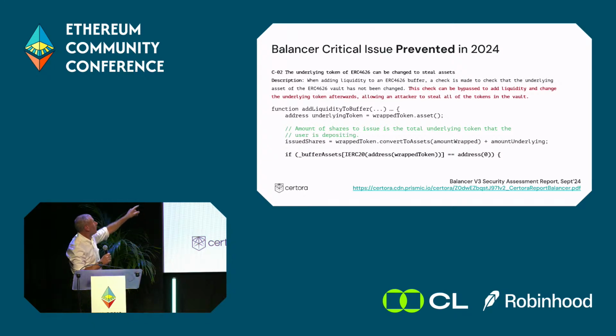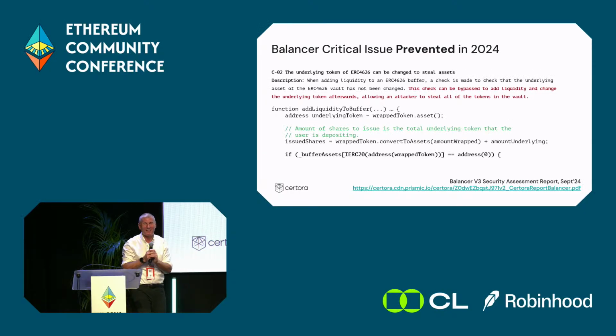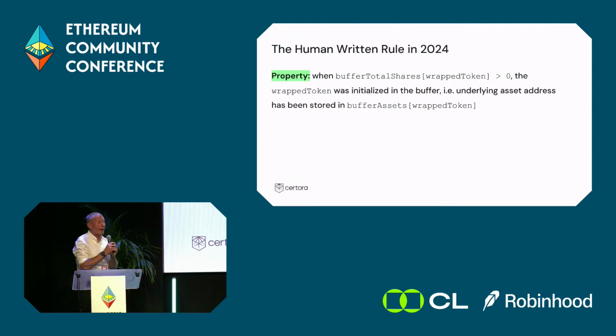I won't be able to explain it, but it's written in our blog and acknowledged by the Balancer team. It essentially allows you to use the token in a way that you steal all the money. It's a very tricky situation. I wouldn't be able to find such a bug.